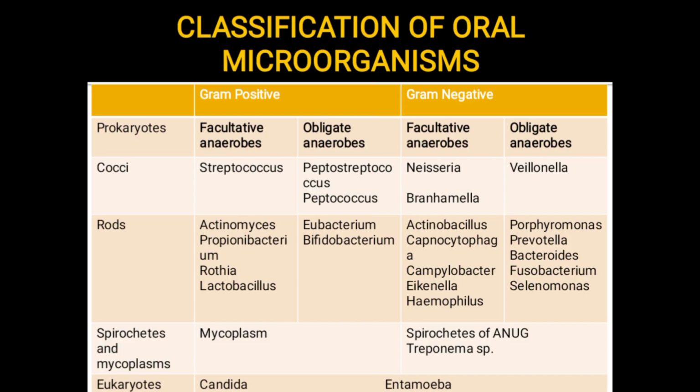Okay, now moving towards the classification of oral microorganisms. We have prokaryotes, spirochetes, and mycoplasms, and eukaryotes. In prokaryotes, we study the cocci and rods. They are divided into gram positive and gram negative. Then we have further division into facultative anaerobes and obligate anaerobes.